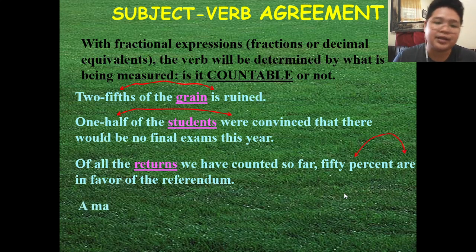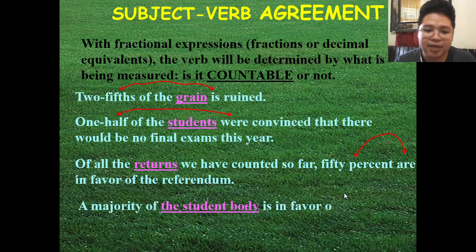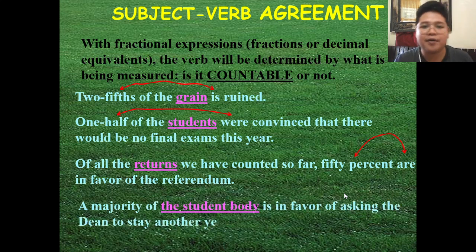Next, a majority of the student body is in favor of asking the dean to stay another year. The student body, which is underlined here, and majority, mean that it is a collective noun. When we say collective noun, we just use a singular form of the verb in order for it to agree with the subject.